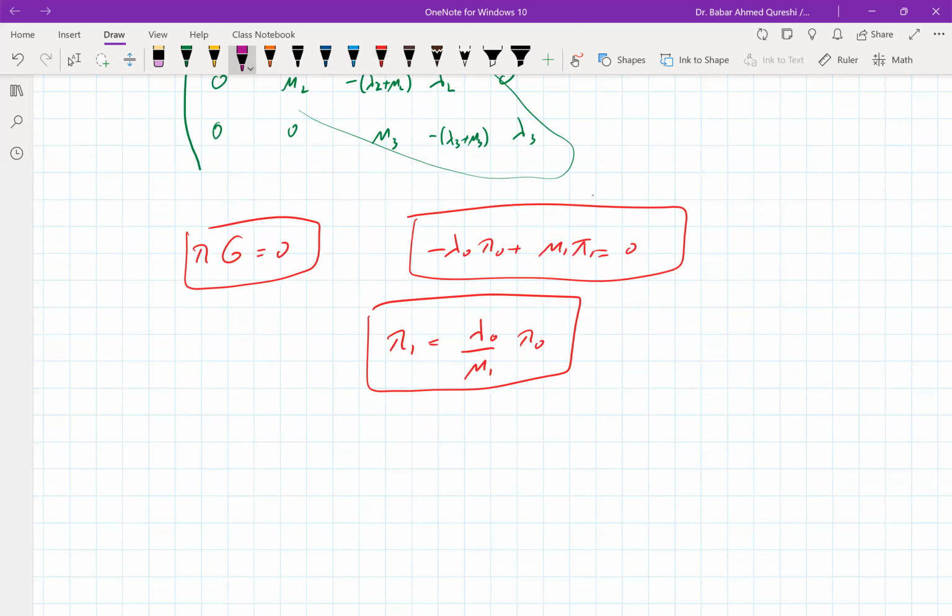And if you try to build the next ones, we can do it order by order, but the general one comes out to be this. It's just like what we did in the last example, just choosing particular values for lambda and mu.